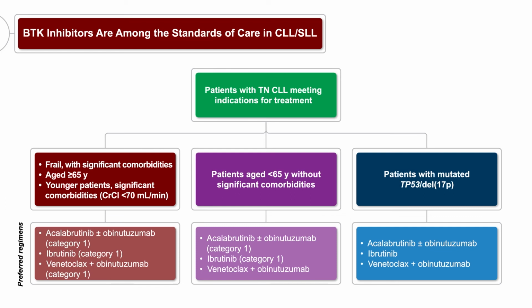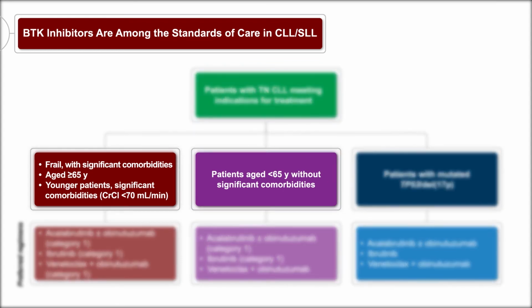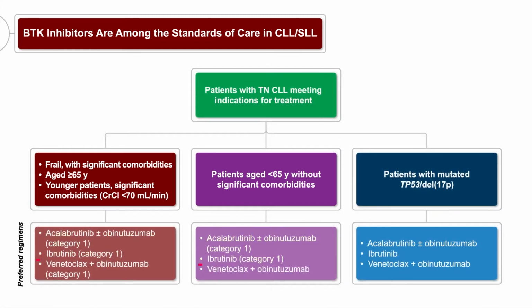Looking at diseases like CLL and SLL, for patients who have treatment-naive CLL who meet indications for treatment, regardless of your age, the presence of comorbidities, whether you're an older patient or a younger patient, both acalabrutinib and ibrutinib are considered appropriate frontline therapies.